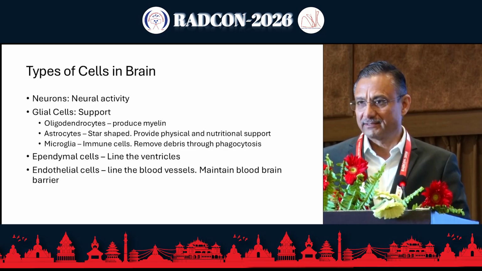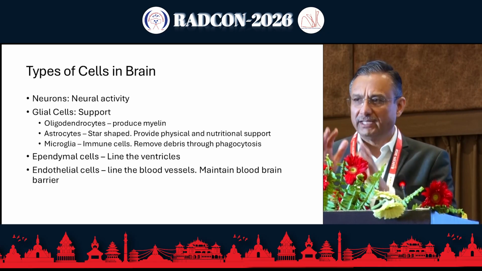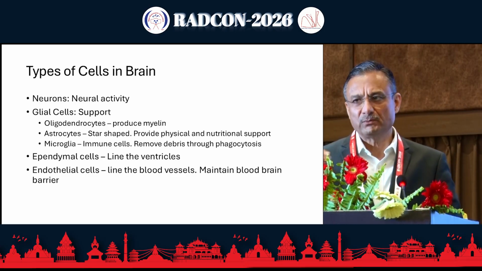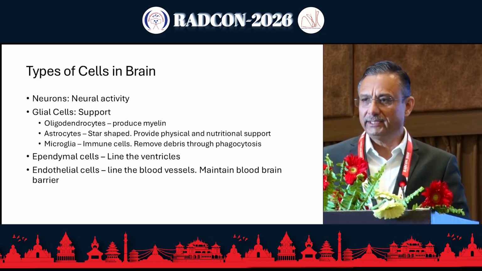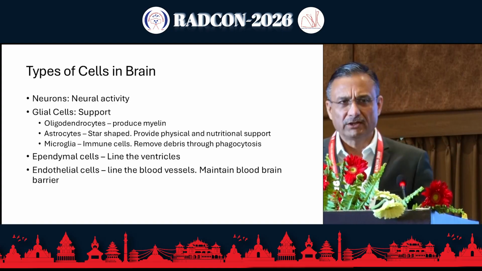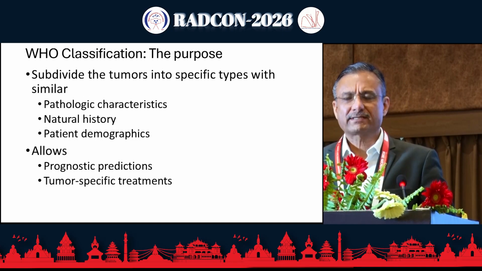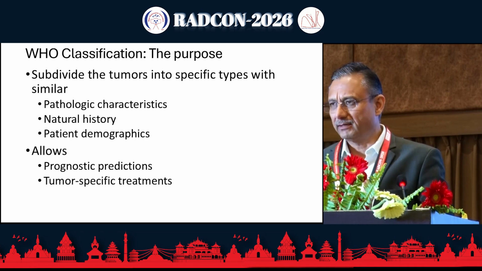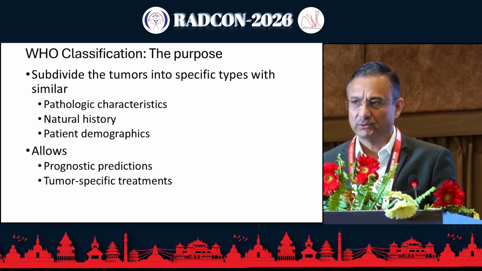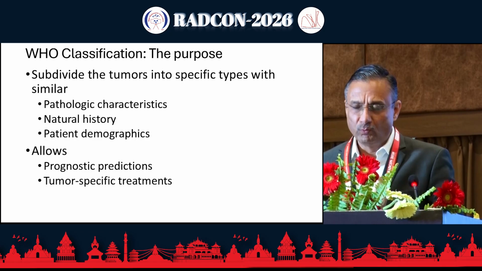So any of these could become malignant. Similarly, there are ependymal cells which line the ventricles, and the endothelial cells which line the blood vessels. All these can give rise to tumors. It's a huge array of differential diagnoses for which WHO has been forming big bodies, and they have been coming up with a classification of brain tumors so that we can have some organization in this variety of tumors.